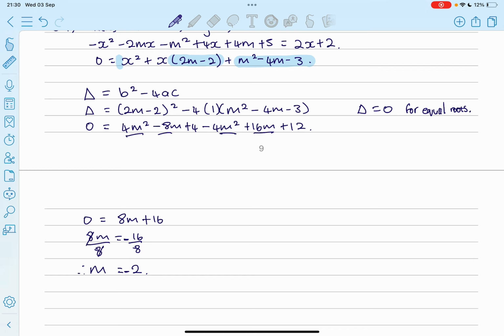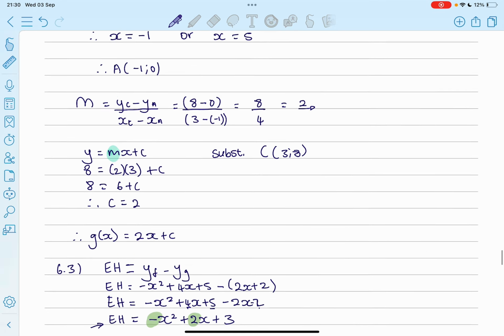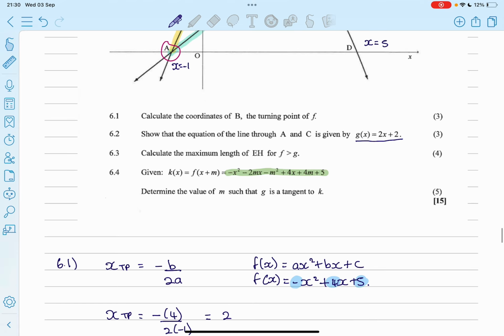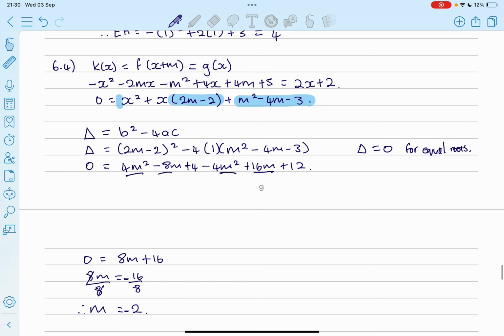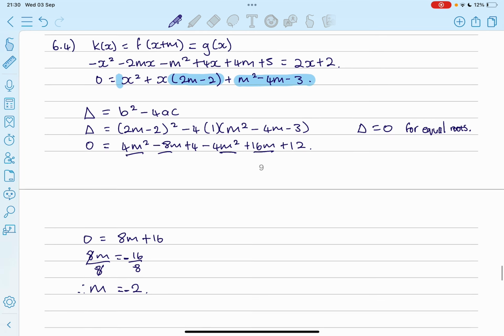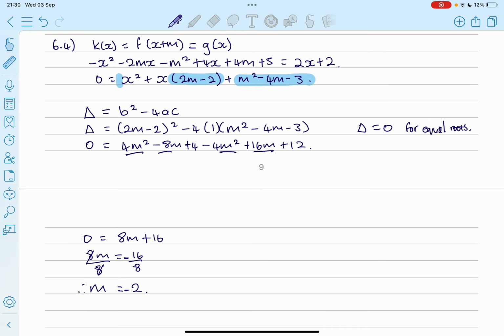And now we have our value of m being equal to negative 2. So now we found the value of m that allows g to be a tangent to k. So this is a good method to use because it allows you to get the value of m directly. Okay, that's the end of this problem. Bye.